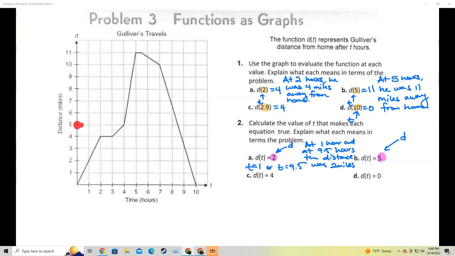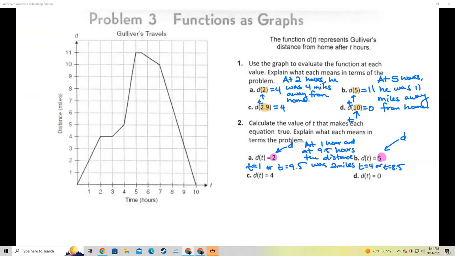I'm going to go right on the graph until it hits. It hits right here perfectly at 4. But again, you got to keep going just to make sure. And look at that, it hits again. And this time it hits at 8.5. So at 4 and at 8.5. t equals 4, or t equals 8.5.